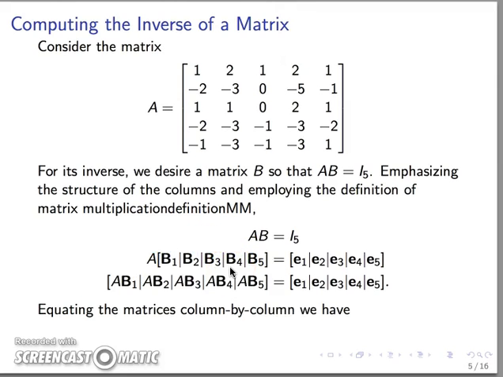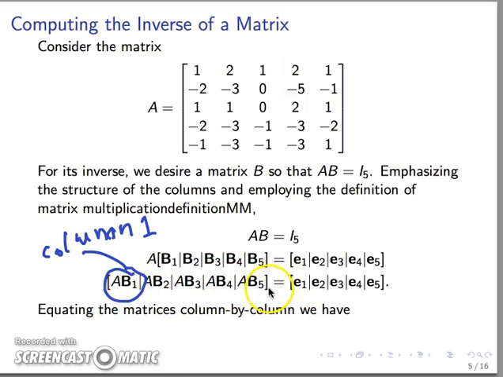Each column of the new matrix is given by the product A times B1. That would be the first column, right? This here is column 1 of the matrix AB, and then A times the second column of B is the second column, A times the third column of B is column 3, and so on, right?